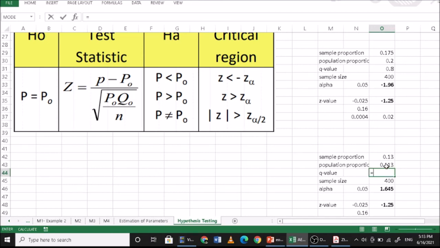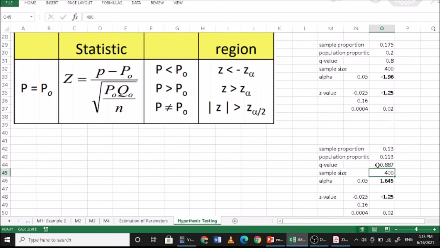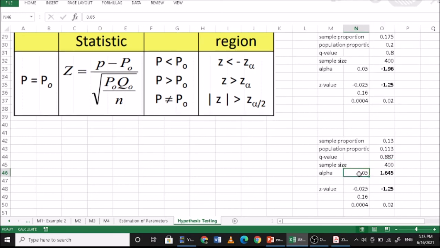The Q value is now equal to 1 minus 0.113. The sample size is 400. Our alpha is 0.05. Since it's a one-tailed test, we use 1.645.